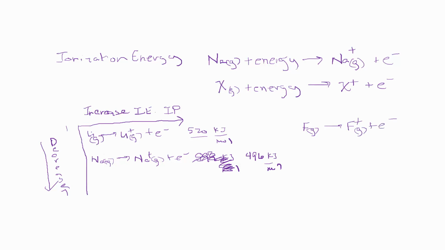What do you think the ionization energy would be? With a Z effective of 7 positive versus lithium at 1 positive, what do you think the effective ionization energy is? 1,681 kilojoules per mole. Over 3 times more energy required to remove an electron from fluorine than lithium.